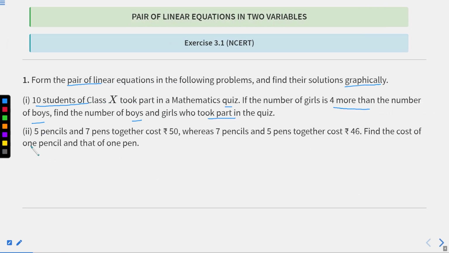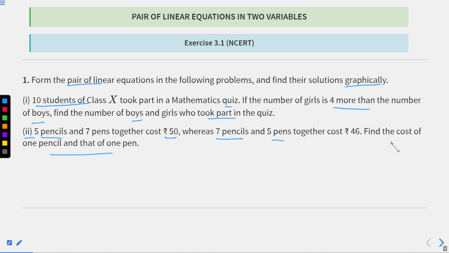Now let us see question number 2. So in question number 2, we have 5 pencils and 7 pens together cost 50 rupees, whereas 7 pencils and 5 pens together cost 46 rupees. Here we have to find the cost of one pencil and that of one pen.